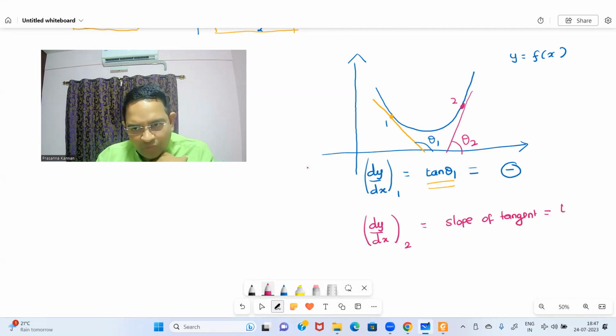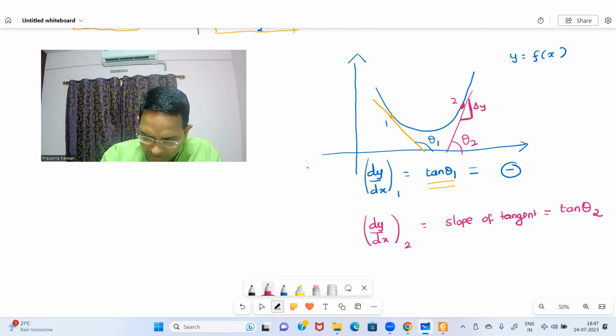And we know how to find the slope of the tangent if a line is making an angle, right? What is it? Tan theta. So now it is tan theta 2, correct? Yes, sir. Okay. If you're wondering how it is tan theta, because slope is measured by change in y by change in x.